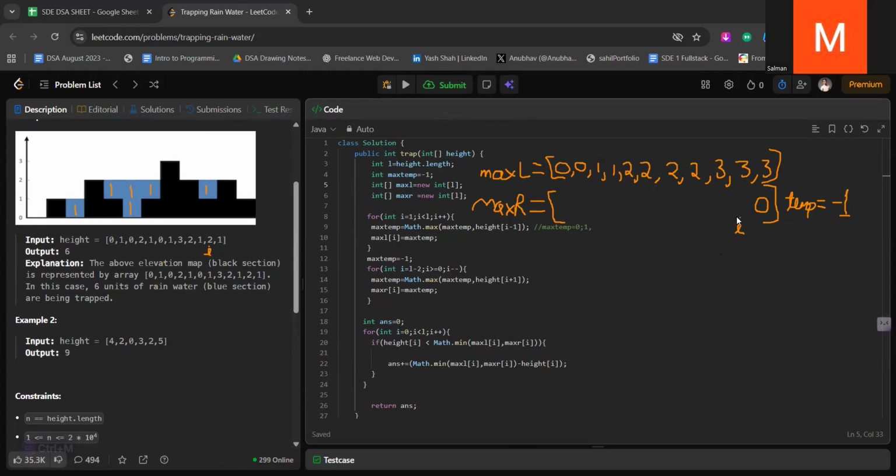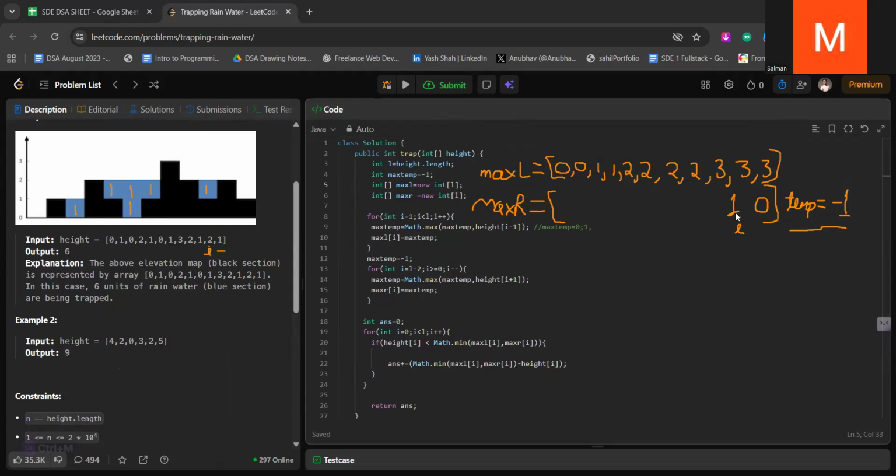I kept updating it with the max of I+1 and temp. So what is the maximum of this temp and this I+1? It is 1. So we will be writing it here.